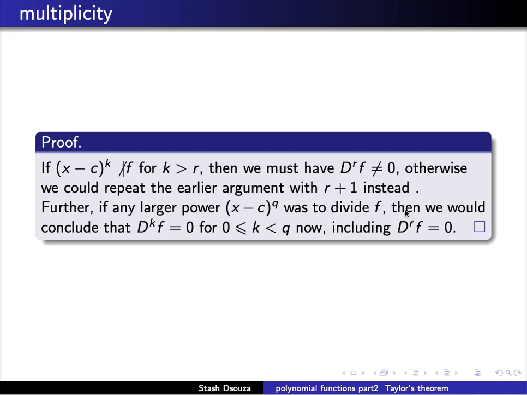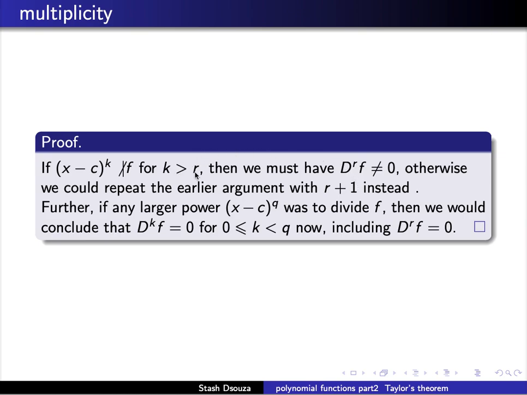So suppose that x minus c to the power k does not divide f for some k strictly greater than r. Then we must have that the rth derivative of f is non-zero. Mind you, there's a second correction here. This k index should be k greater than or equal to r. So it includes r in this inequality.